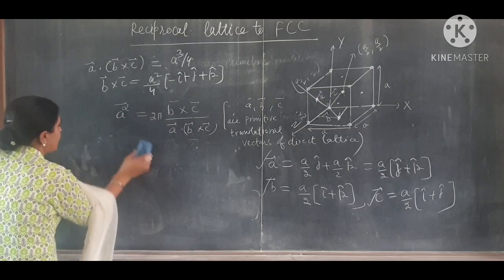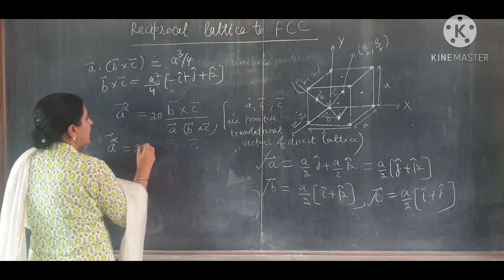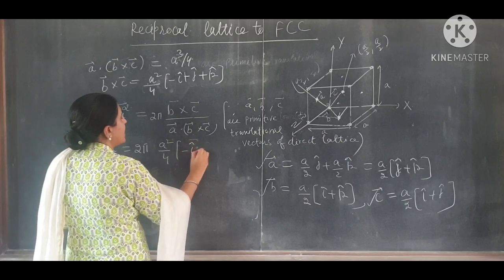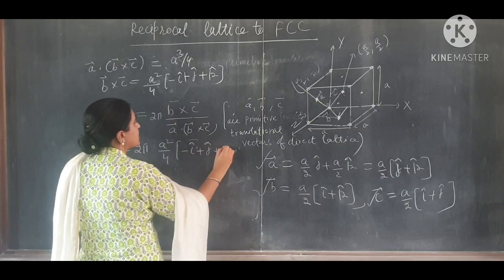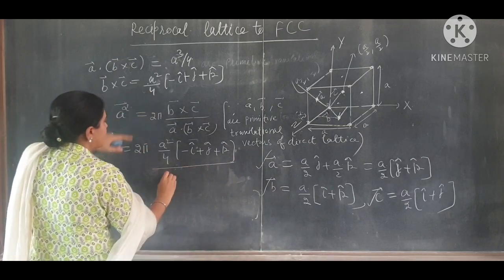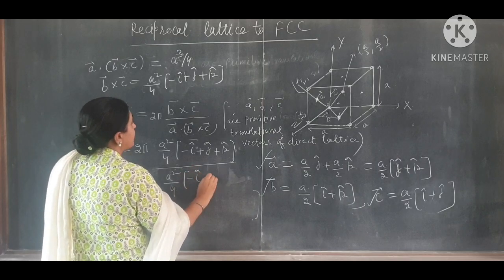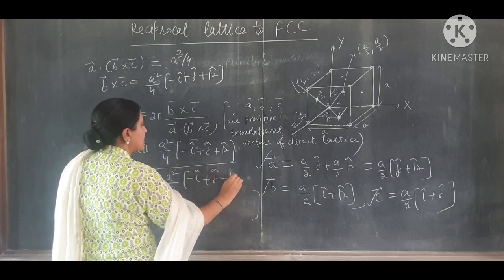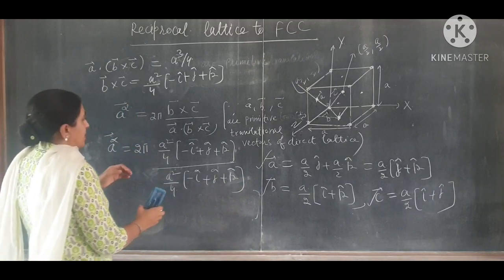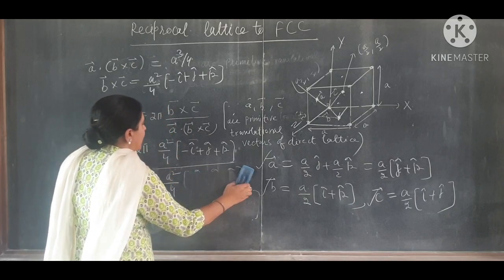So a star is equal to 2 pi, a square by 4 minus i plus j plus k cap divided by... Oh sorry, this is b cross c. This is only a cube by 4.